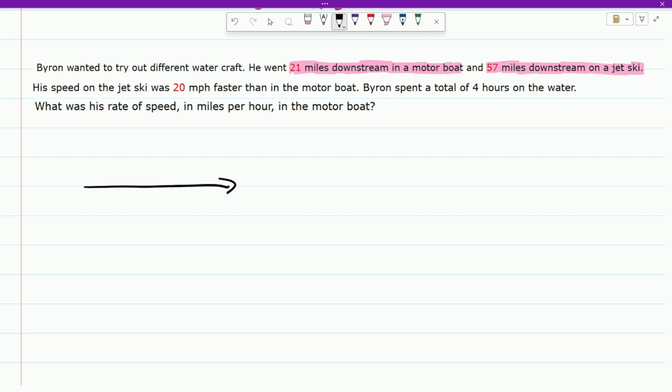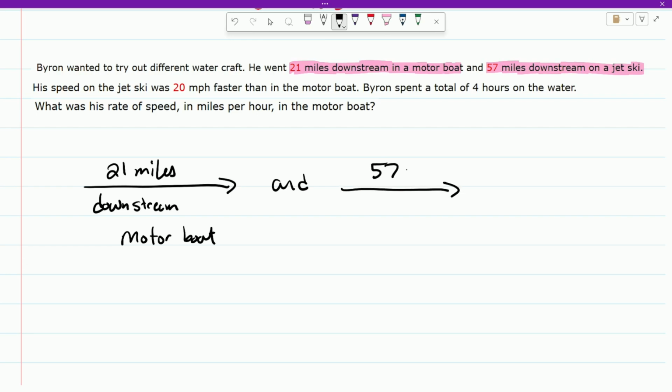So 21 miles downstream, and this is going to be the motorboat, and 57 miles downstream on the jet ski.